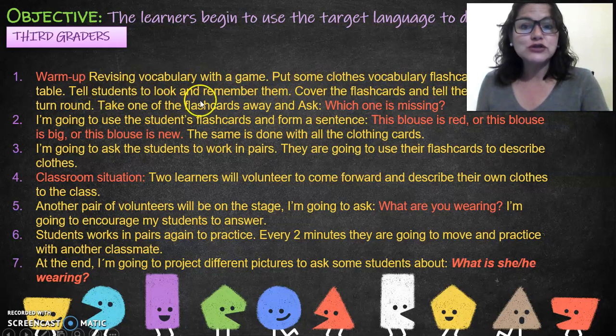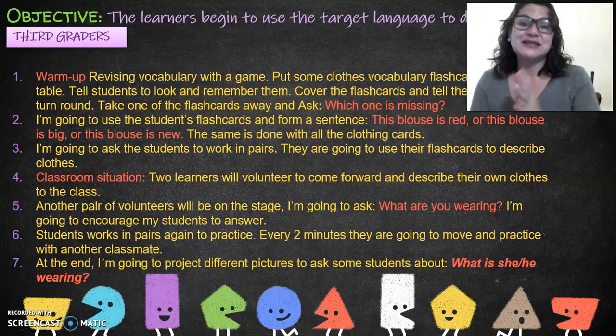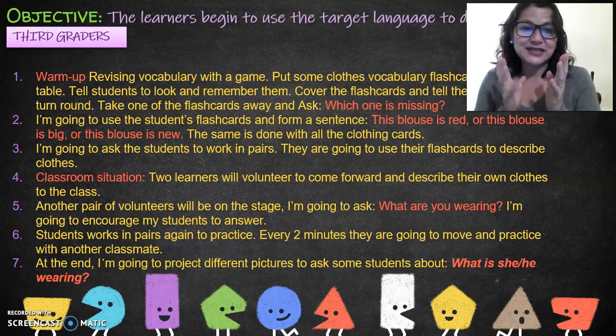Then I'm going to tell the students to look and remember them. I'm going to cover the flashcards and tell the students to turn around. I'm going to take one of the flashcards away, and I'm going to ask which one is missing. Their brains start working.